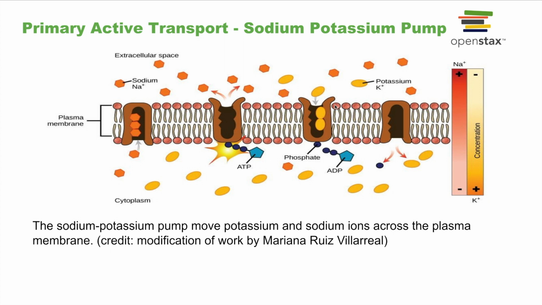So you can see that the cell is forming a gradient for both sodium and potassium. Potassium is more concentrated inside, sodium is more concentrated outside. And as you're sitting here, your cells are doing this, even though you probably are not doing much activity.